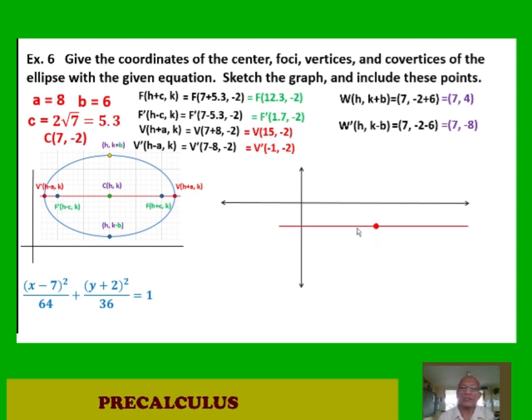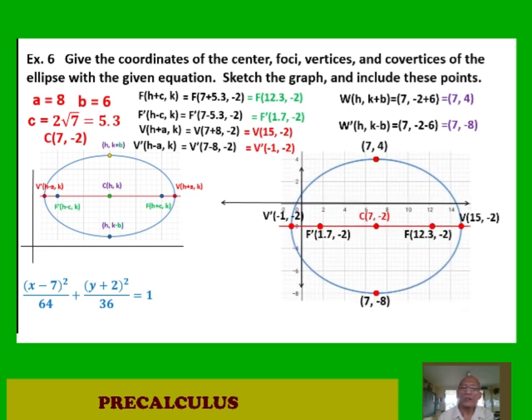So this is now the line y equals negative 2. And the center, 7, negative 2, is here. The other points, F, F prime, B, B prime are plotted also with their coordinates. And the graph is this one. So this is now the sketch of the graph of the given equation.